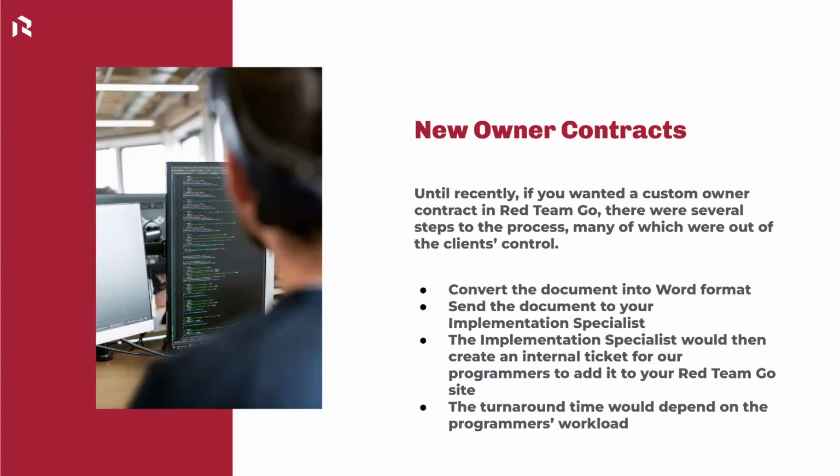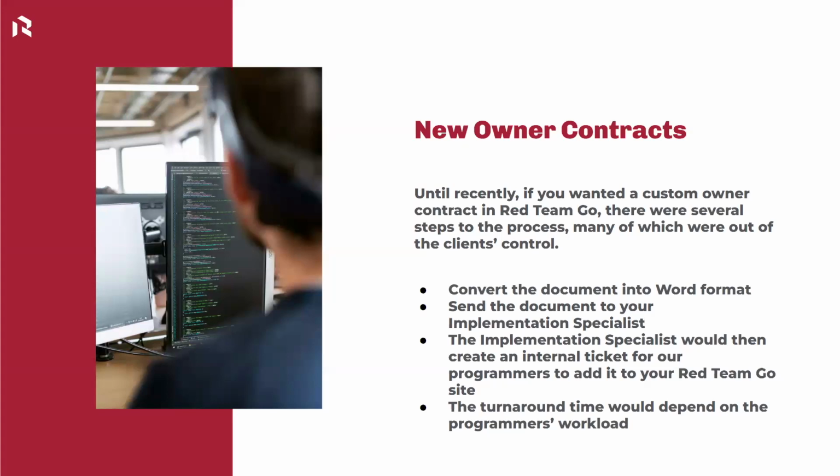Like I said, you would have to make sure the owner contract is in a Word document and send it to your implementation specialist. We would then have to turn around and create a ticket for our programmers to work with it. Depending on their workload, there might be a really fast turnaround or maybe a few more days to get that done.